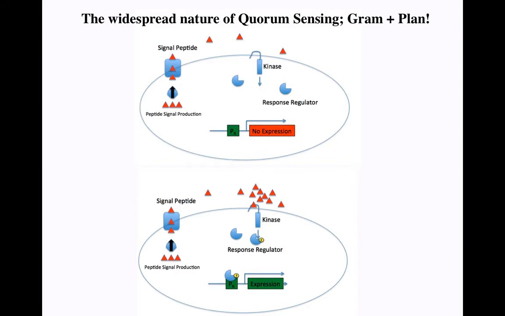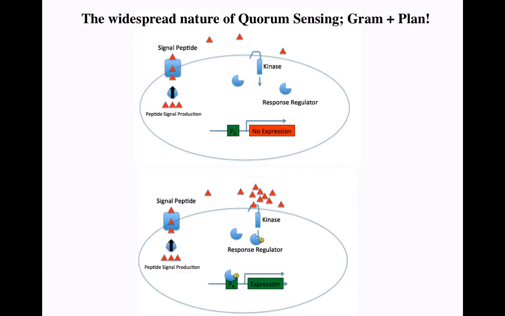Bacterial populations have used completely different pathways to accomplish the exact same thing. They're not evolutionarily related. So in gram-positive cells like staphylococci, and we're going to talk about the specific example of how staphylococci do this, they have a different way of determining quorum.